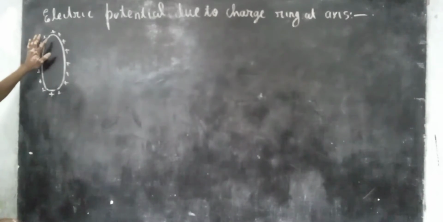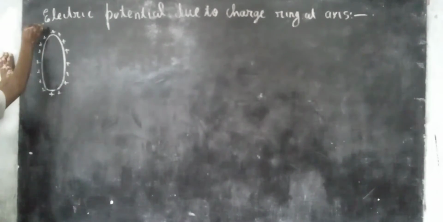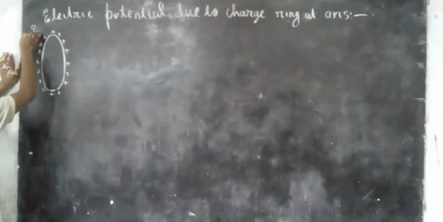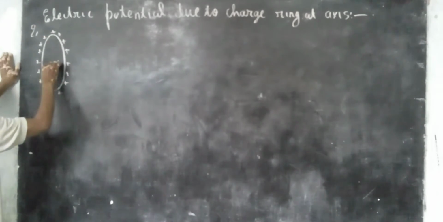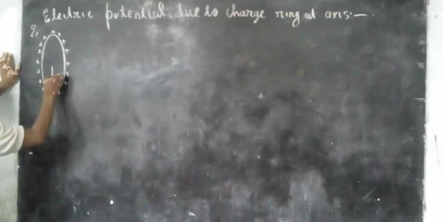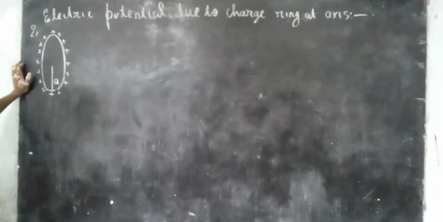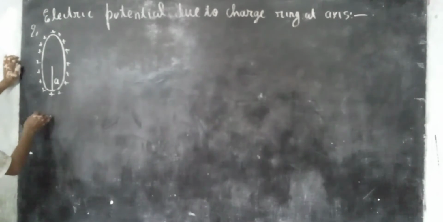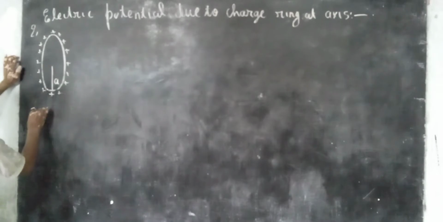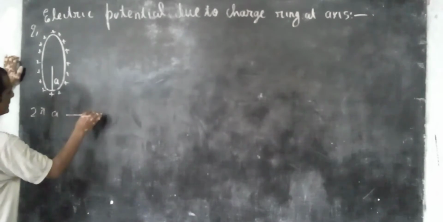So let the total charge over the ring be q, and the radius of the ring is a. Then this charge q is distributed over the circumference 2 pi a. So charge over length 2 pi a is q.